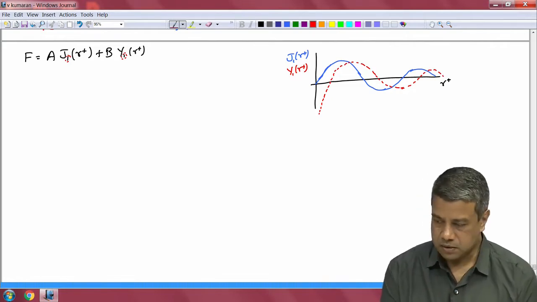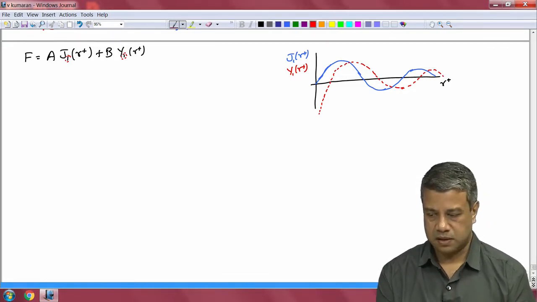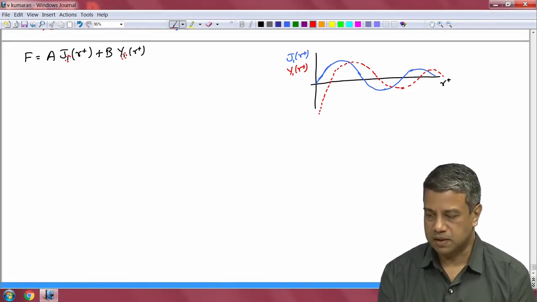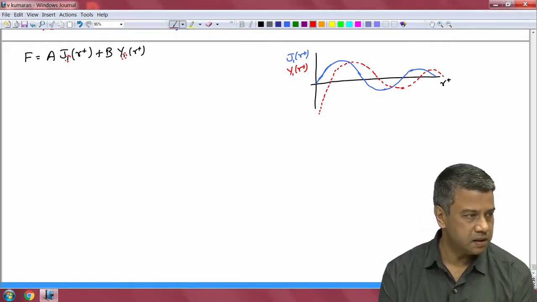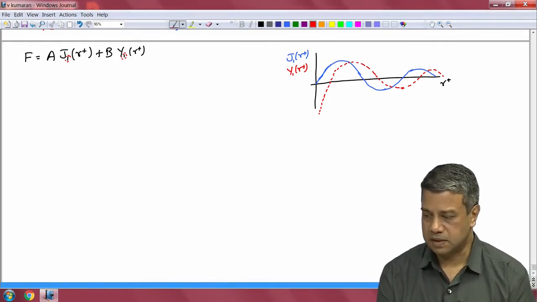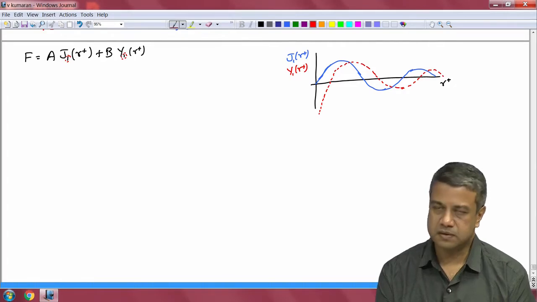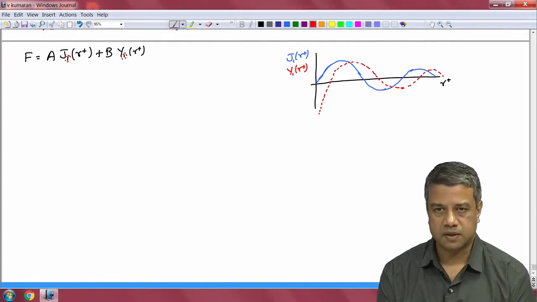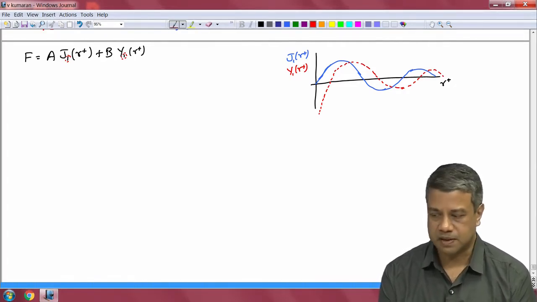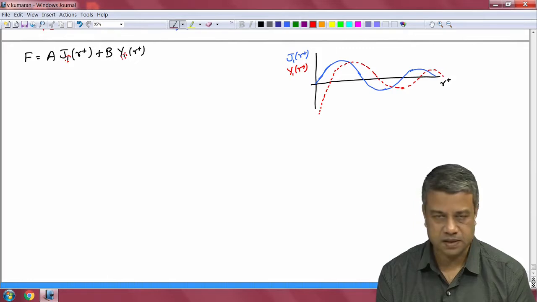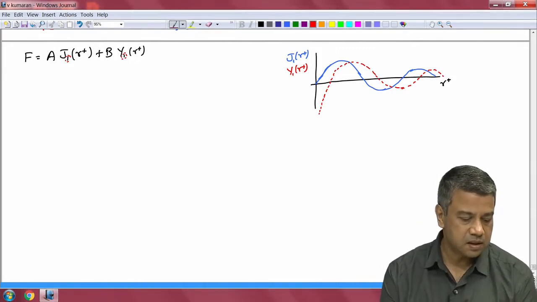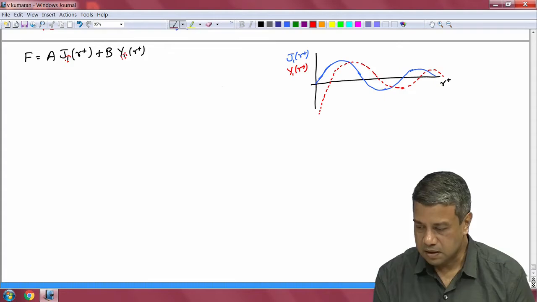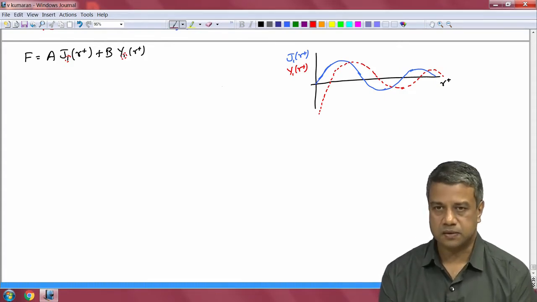Those are the numerical solutions that you get for J1 and Y1. These can be found in standard tables, and you can also get numerical approximations for which you can write programs that will evaluate these. So, these are standard functions. Note that in contrast to J0 which we had earlier, this J1 is 0 at 0.